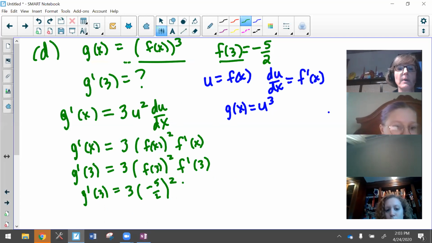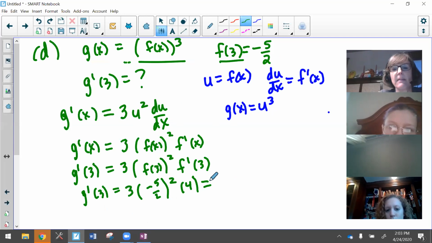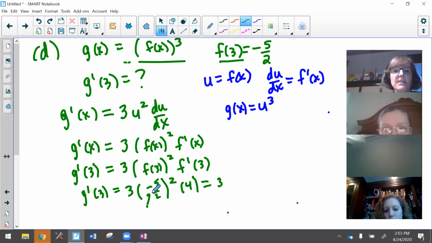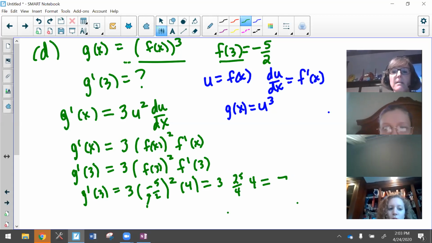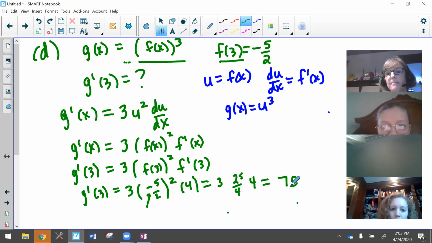Okay, so I read that off the graph and it gives me 4. And then I just have to do all the math. Remember that this negative sign is inside my parentheses, so when I square it, it goes away. So that's going to give me 3 times 25 over 4 times 4, or 75.